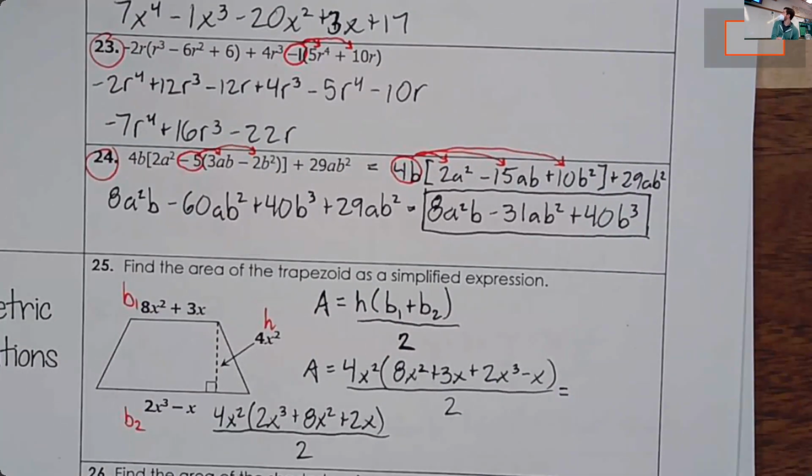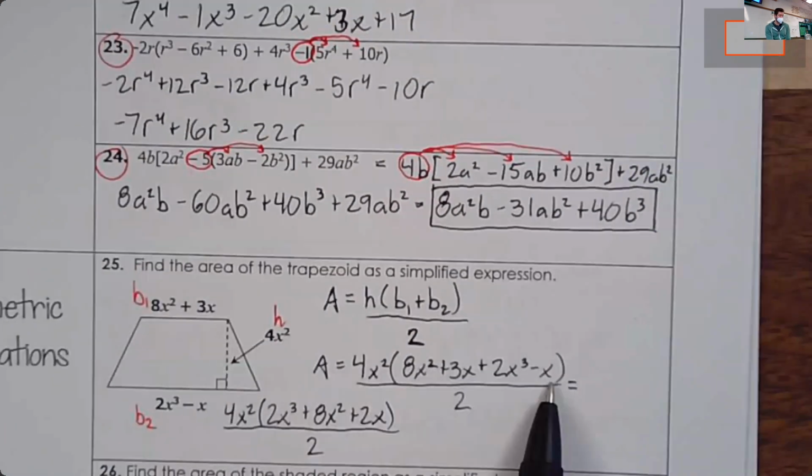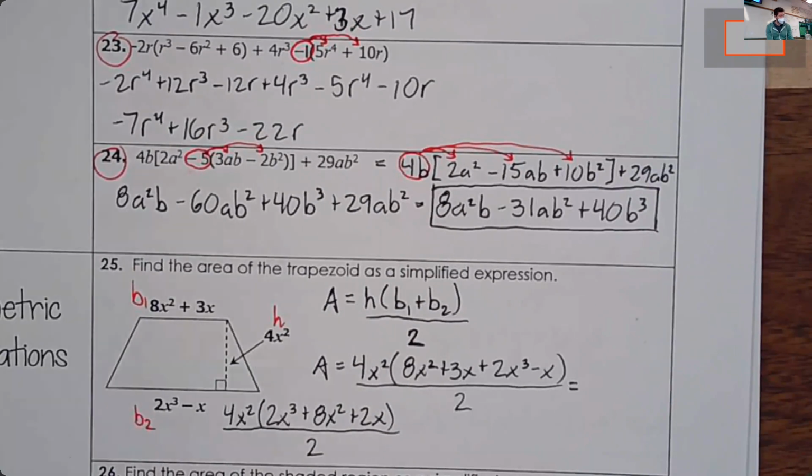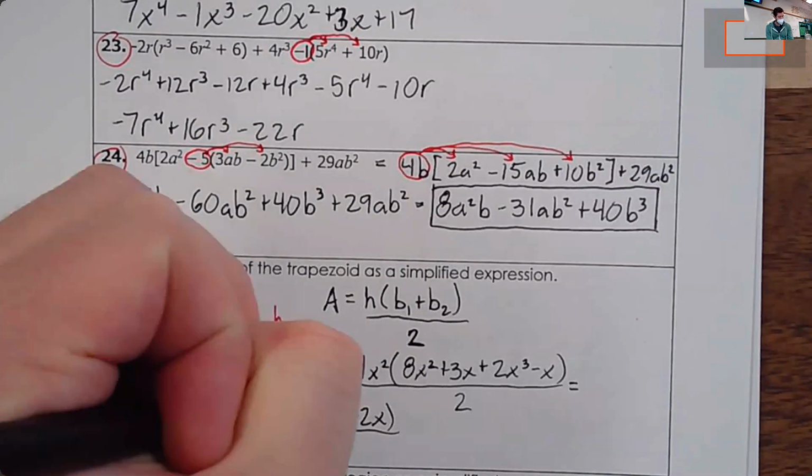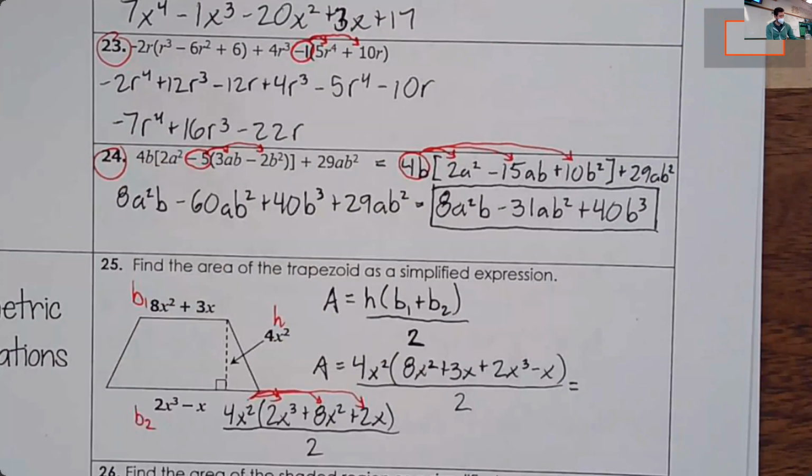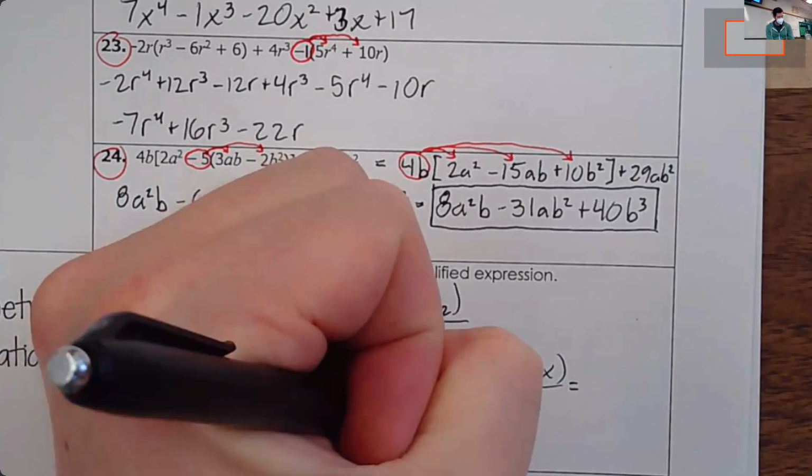All right. Now that we've simplified inside, we've combined like terms inside the parentheses. We're then going to take our 4x squared and distribute to get rid of the parentheses. And then that's going to equal 4 times 2 is 8, so that'll be 8.